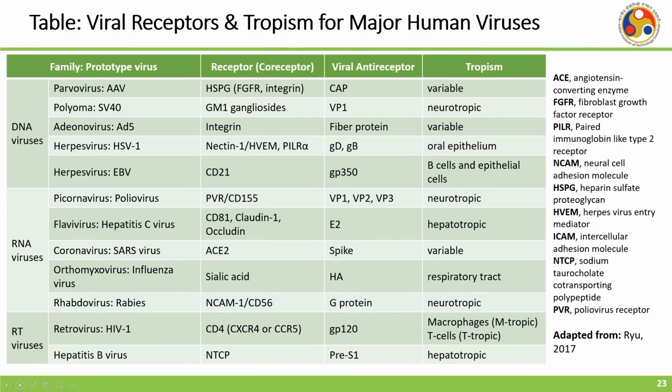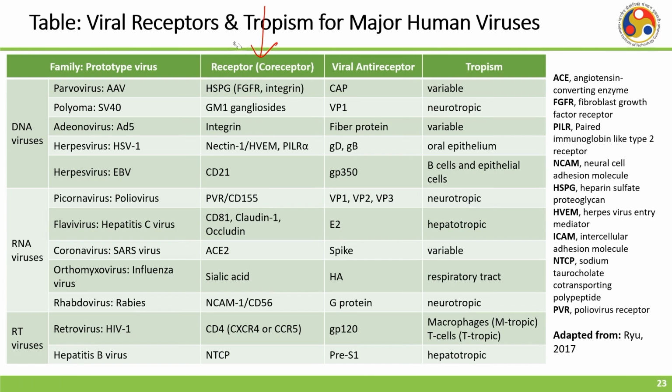So, there are various examples like parvovirus, polyoma, adenovirus, herpes virus, and then picornavirus, then flavivirus, then coronavirus, and then orthomyxovirus, rhabdovirus, which causes rabies, and then we have retrovirus, which causes HIV and hepatitis B virus, and these are very, very challenging problems still haunting the world. So, you can see the corresponding receptors in this column.